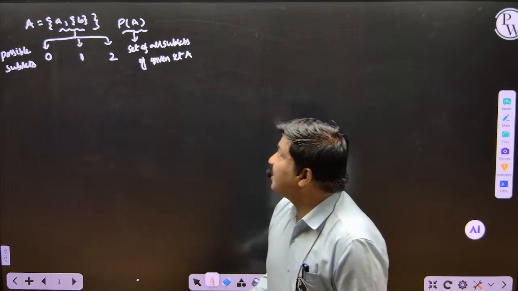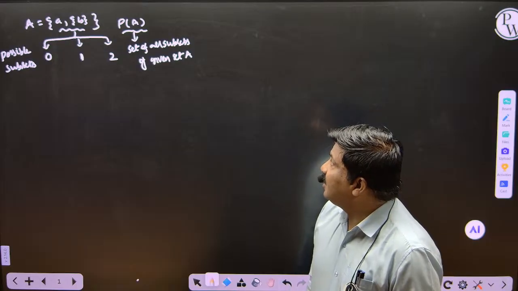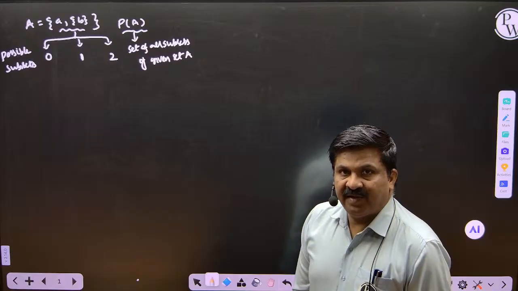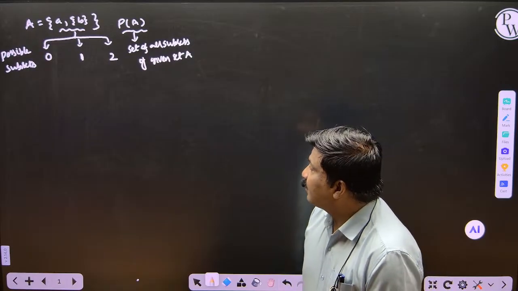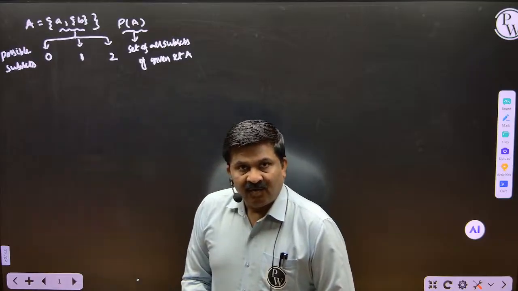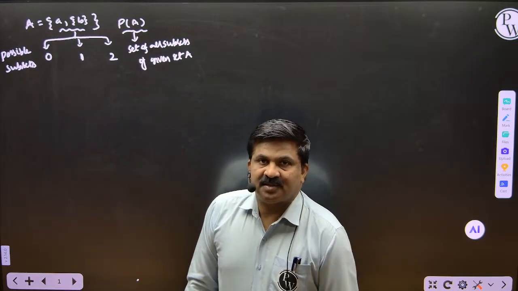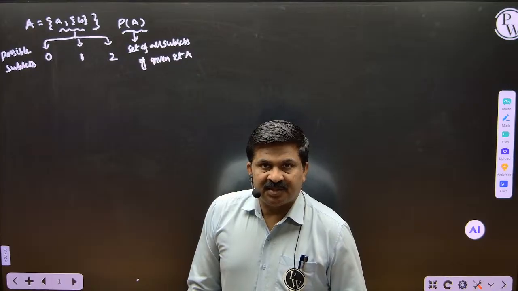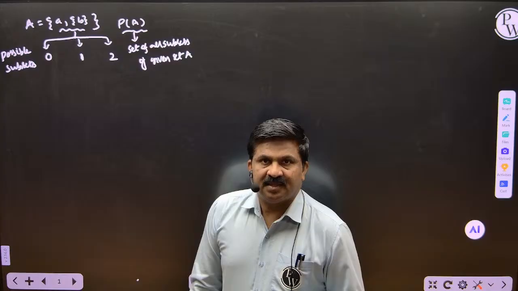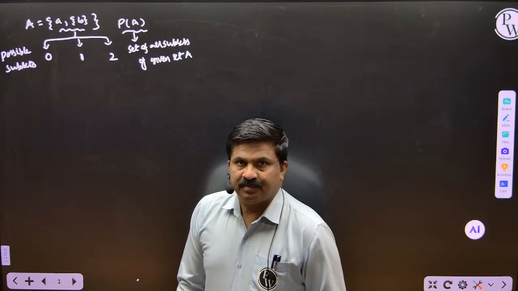P of A is what? Set of all subsets of the given set A. So this is the set A which has two elements. What are its possible subsets? The possible subsets are zero element subset, one element subsets, two element subsets.